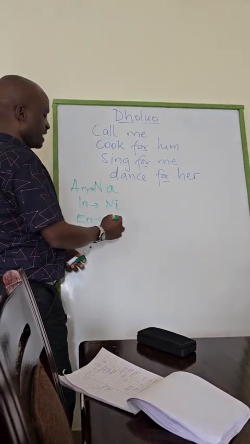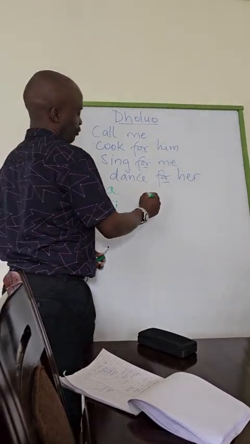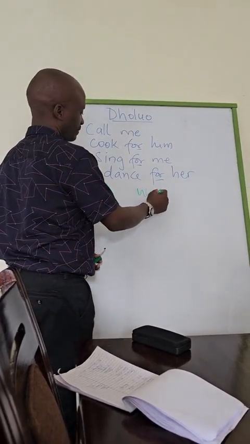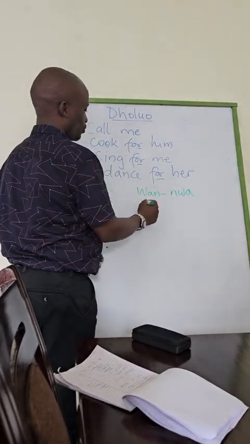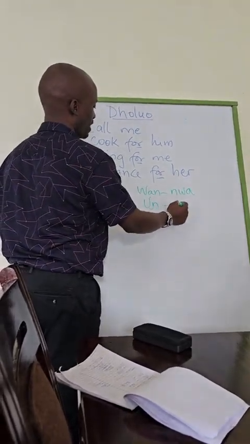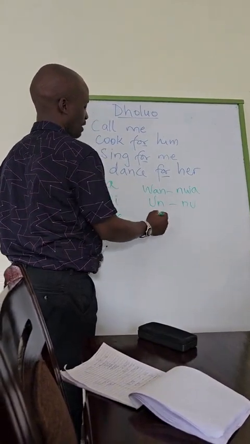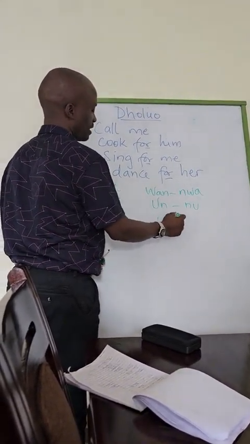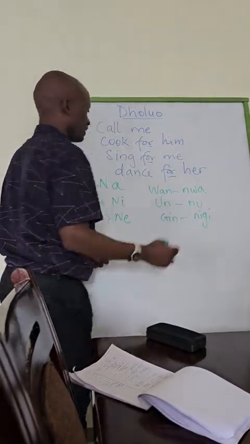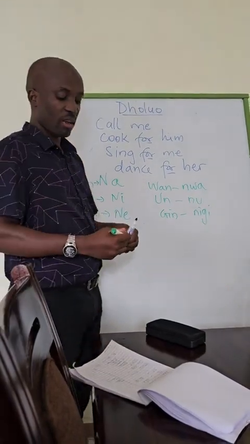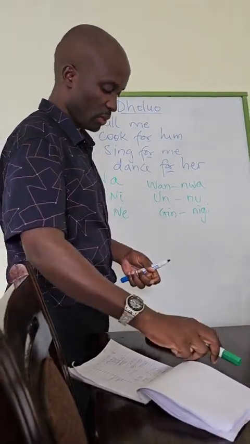For en, you'll say ne. For one, you'll say noa. For un, you'll say nu. And for gin, you'll say nigi. I know that sounds funny, but let's use an example.